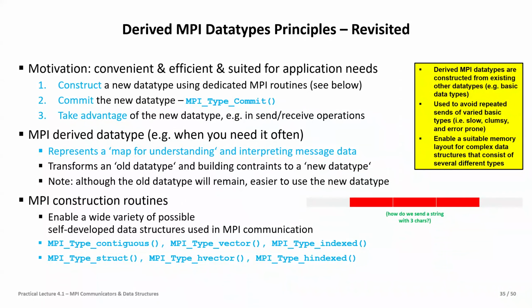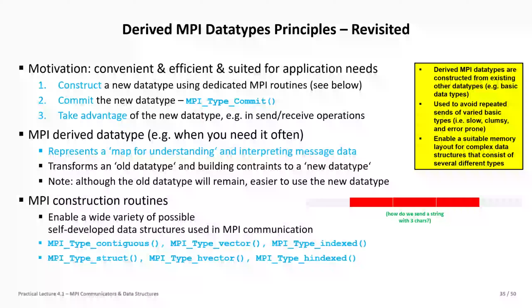We even have indexes we can use. So there are a couple of routines that can create a nice data type from existing data. And then we commit this new data type to the MPI environment. That's also important so that MPI knows this is a data type that everybody understands in the parallel environment, right? So that's also an important part.